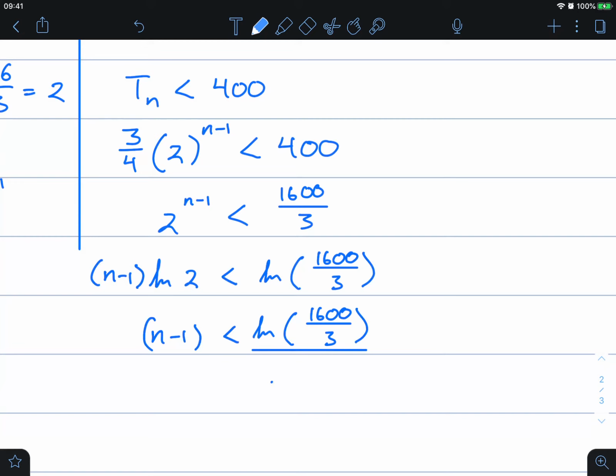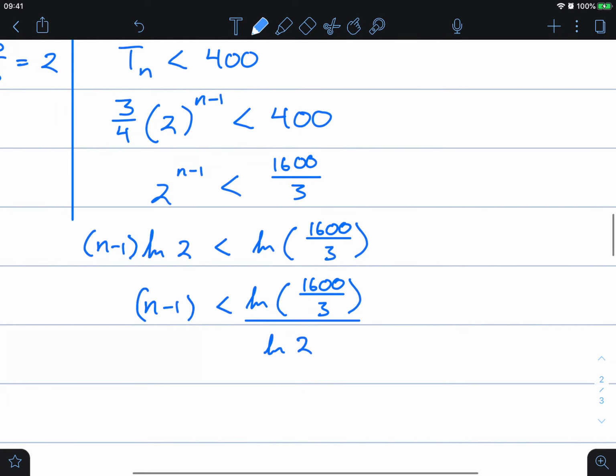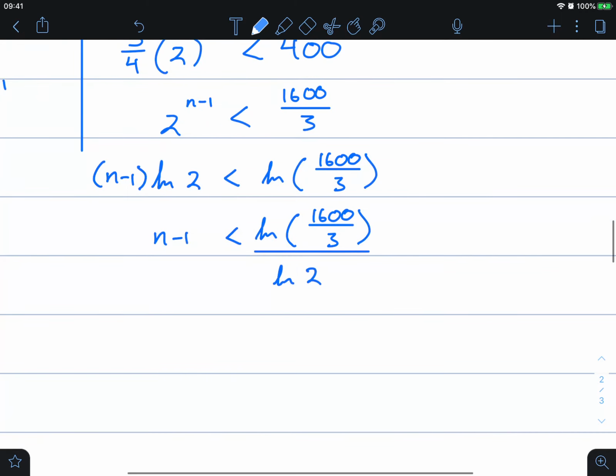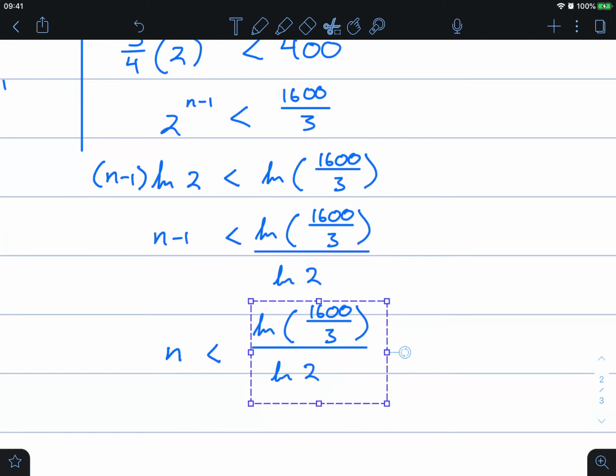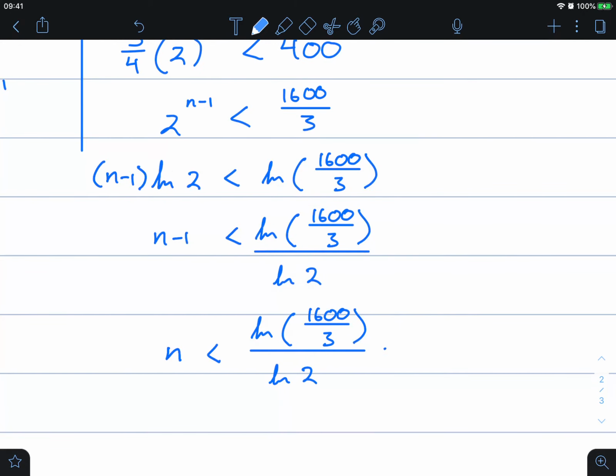Dividing all by ln 2 and adding 1, n is less than all of this plus 1.